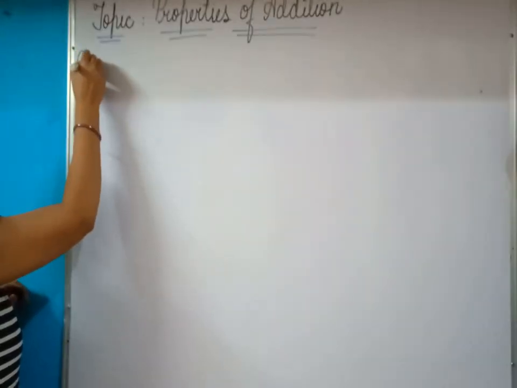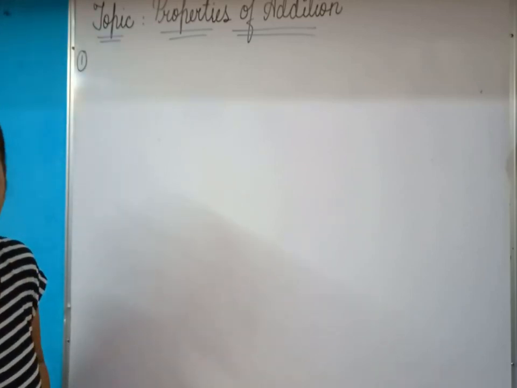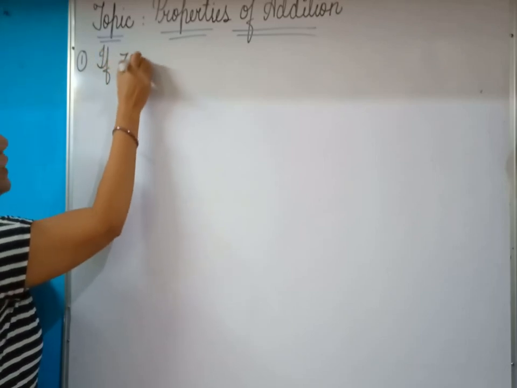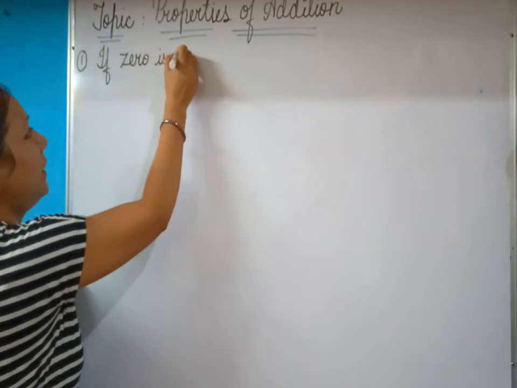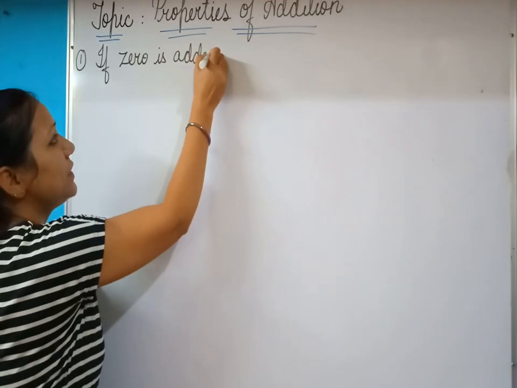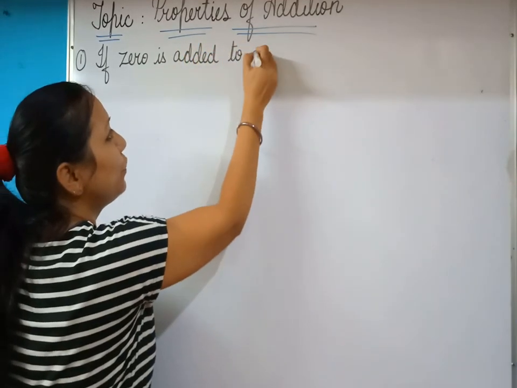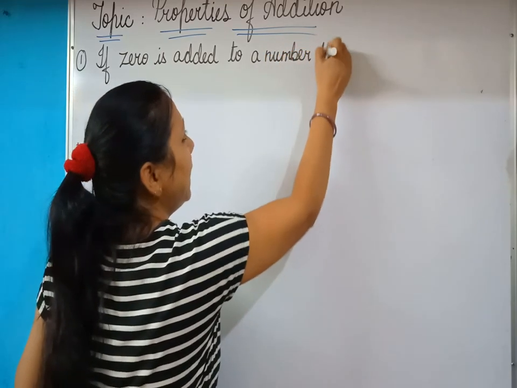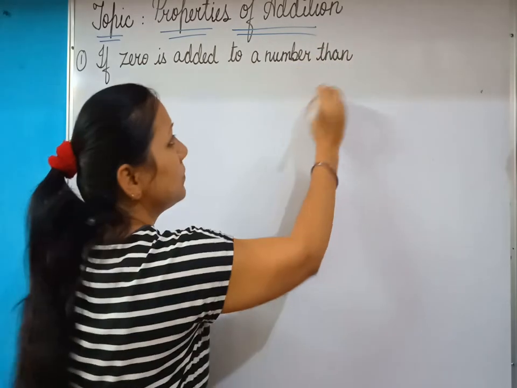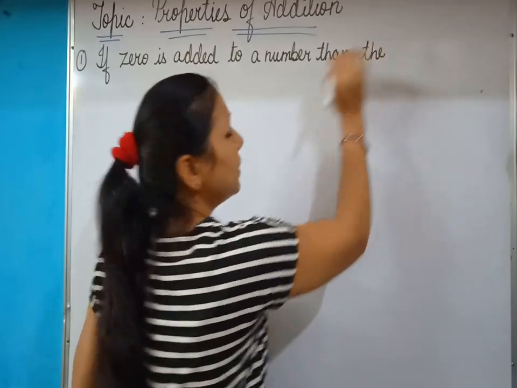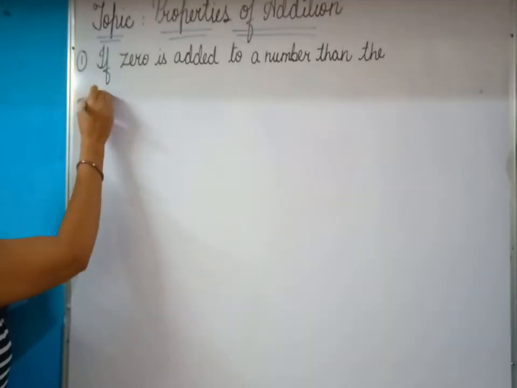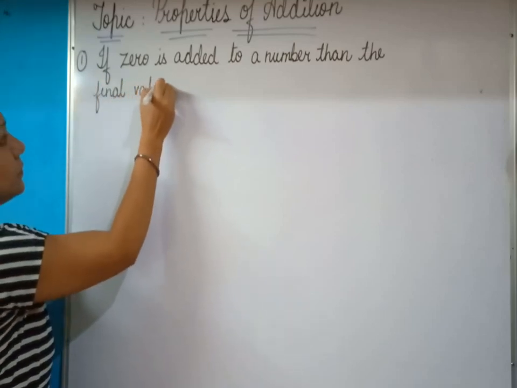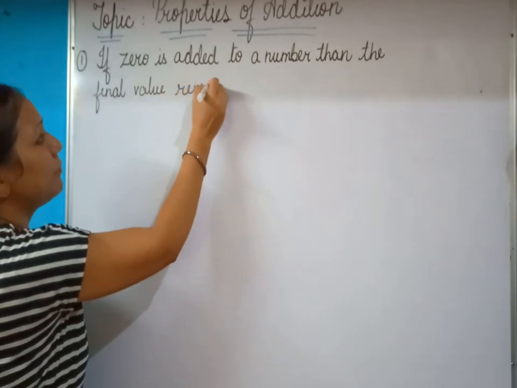The first property of addition says that if 0 is added to a number, then the final value remains same.